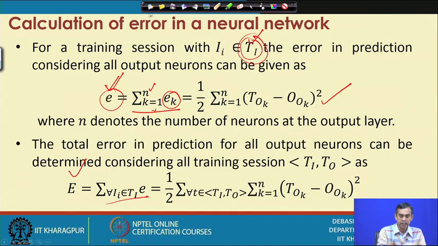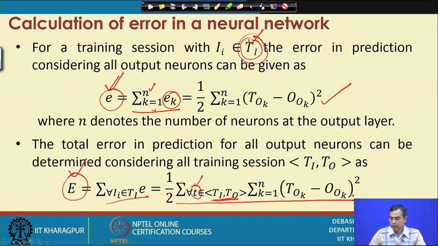This is the formula of the error function, which can be written in this form, where T is basically the training set, for all inputs that belong to these sets, taking the summation over all the neurons for all inputs, and then the error function can be calculated.